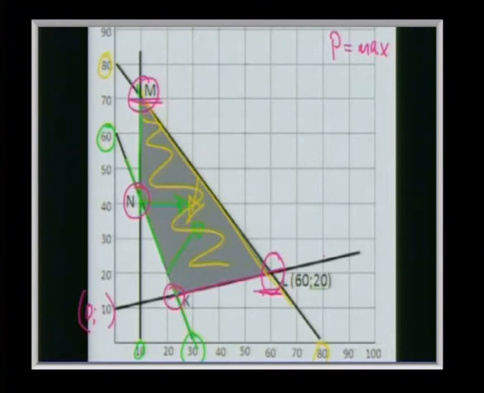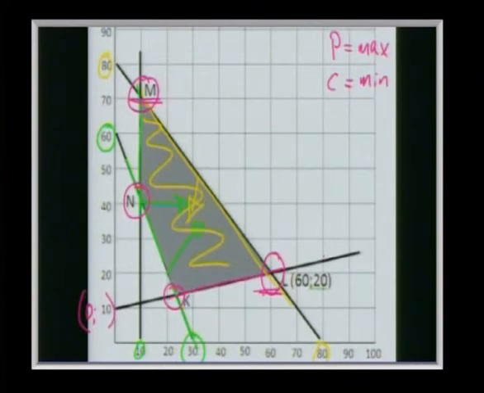If, however, the optimization question was dealing with costs, we're looking for a minimum cost. Where would we find the minimum cost? Well, yes, there we would find minimum costs at N, or perhaps at K. Your optimization always happens at the corner of the feasible region, at the vertex of the feasible region.